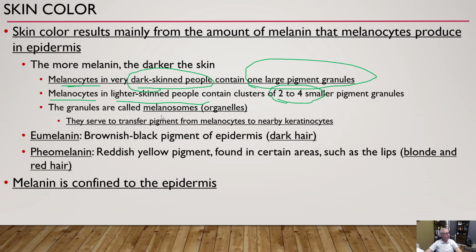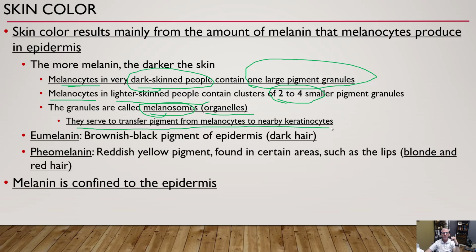And these granules are actually called melanosomes. They're an organelle inside the cell, which we didn't talk about in chapter 3. Basically, they just serve to transfer the pigment from melanocytes to nearby keratinocytes.